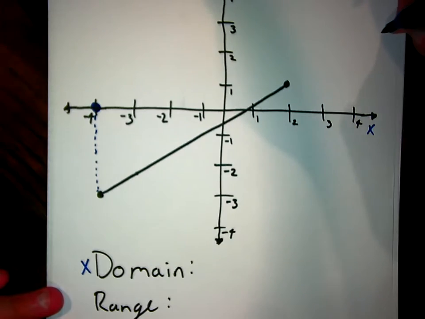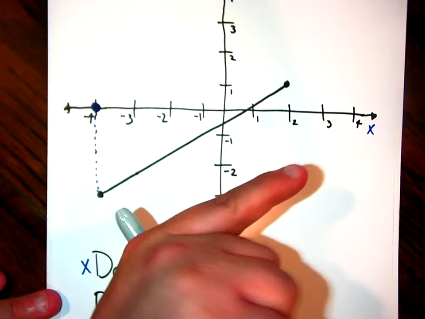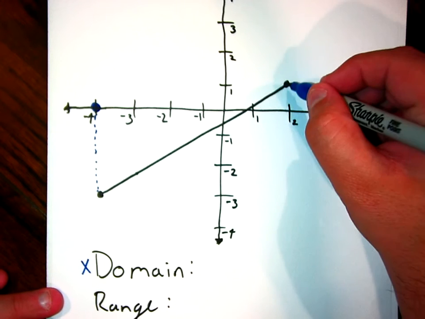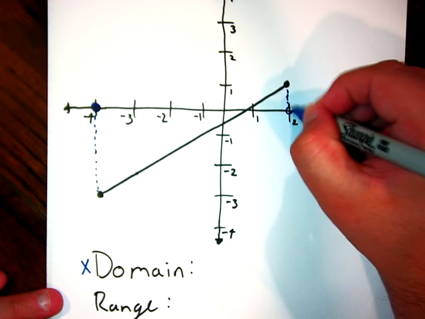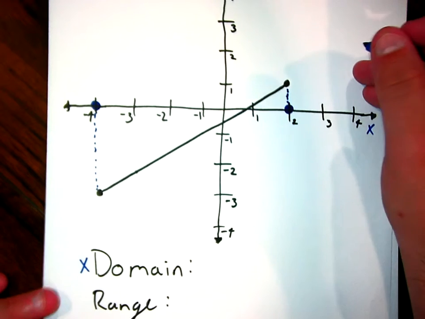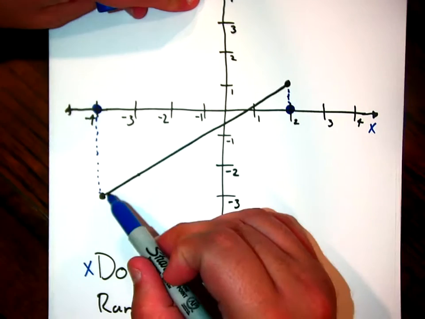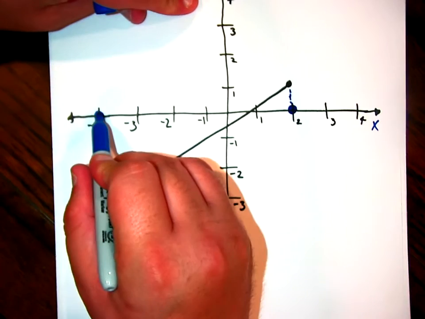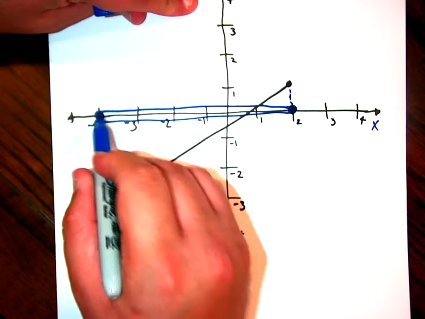Now let's look at the rightmost value, the farthest to the right on the x-axis. And you'll see it's right here. So let's draw a line to the x. And there's the rightmost x value. Because it's a solid line here, it's continuous. Everything in between here is part of that domain. Everything.